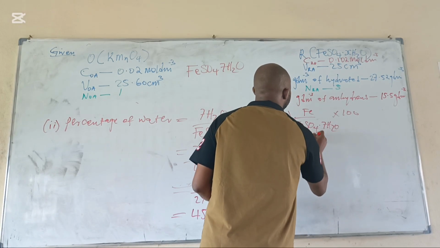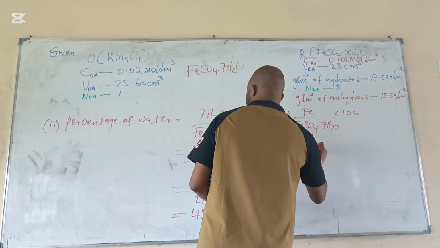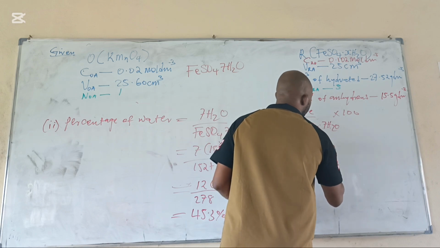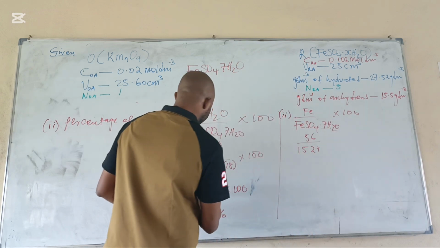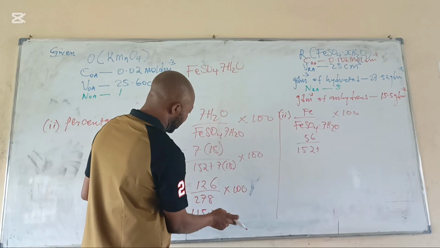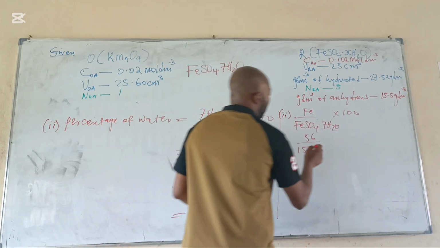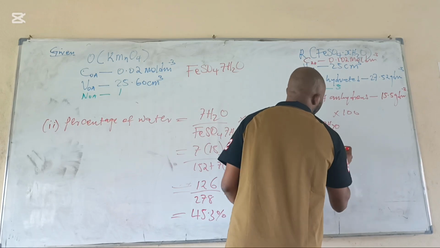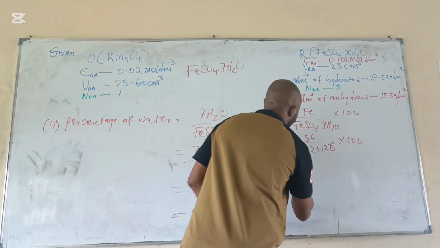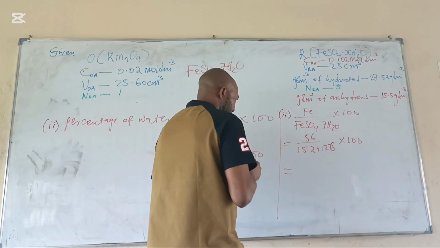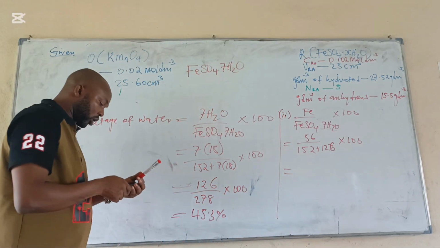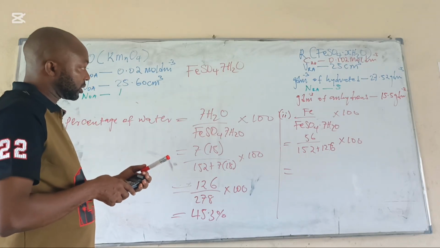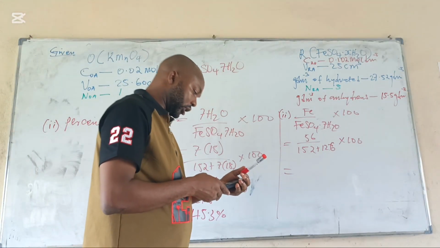Iron is 56 over 152 plus, what was that? 7 times 18, this is 126, plus 126. Yes, 126, times 100. And this becomes 152 plus 126.